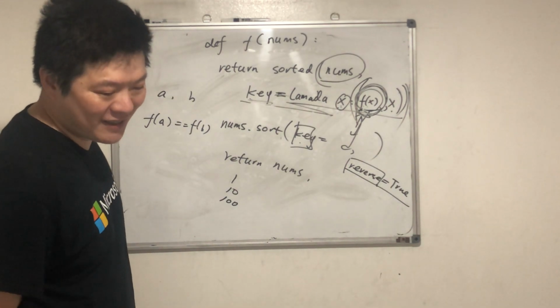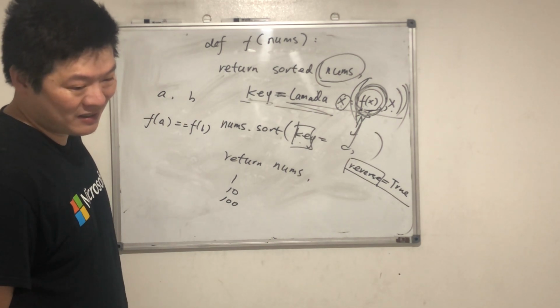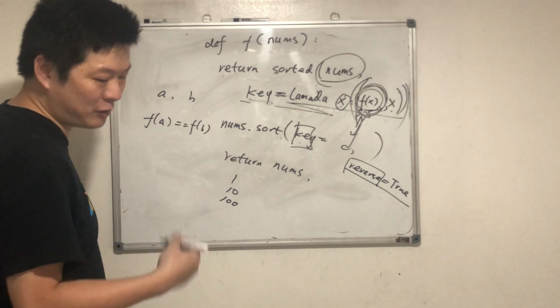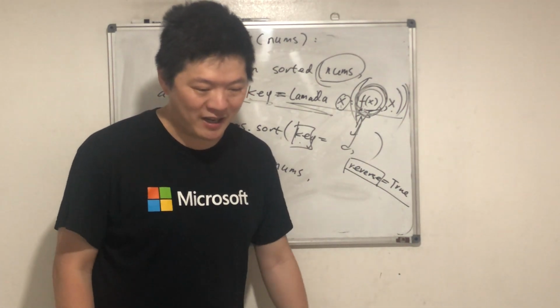So you put a 0 at the end in binary, you double it. So you give me any number and then you double it. It has the same Hamming weight, yeah?